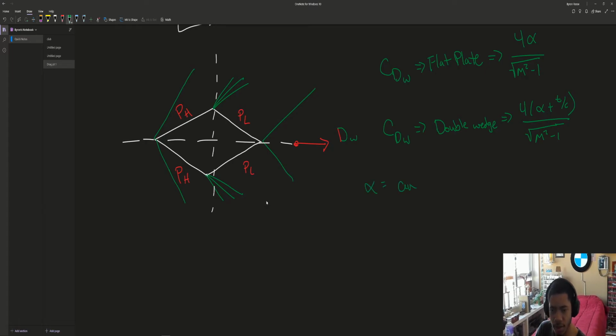Remembering that this is an angle of attack. t is going to equal our thickness. c is going to equal our chord, if I remember correctly. I don't believe c is referring to the camber line here.